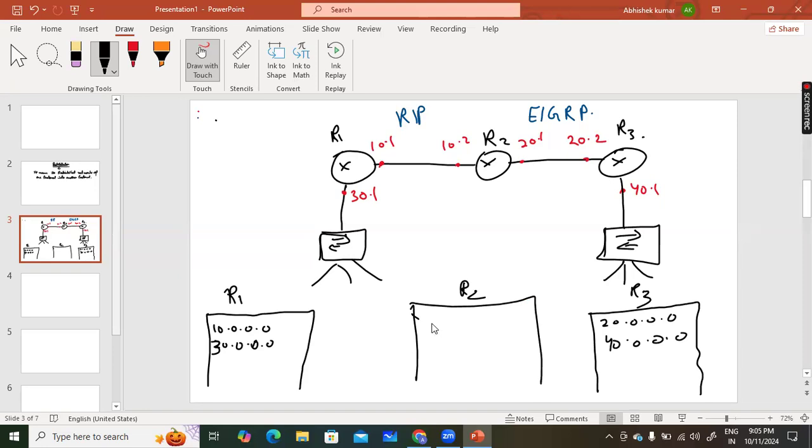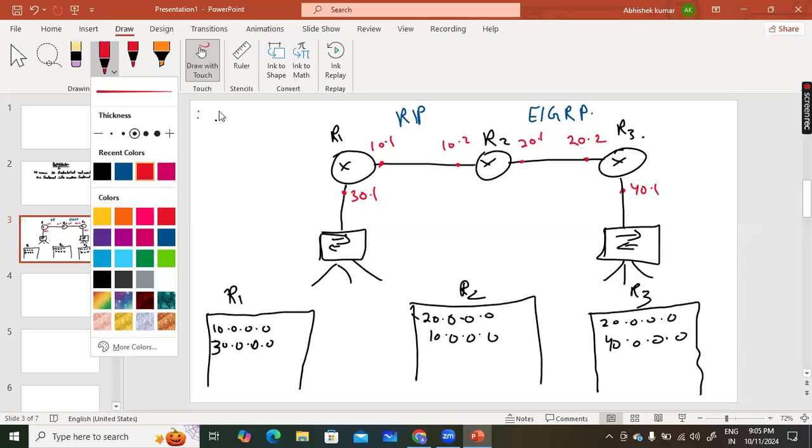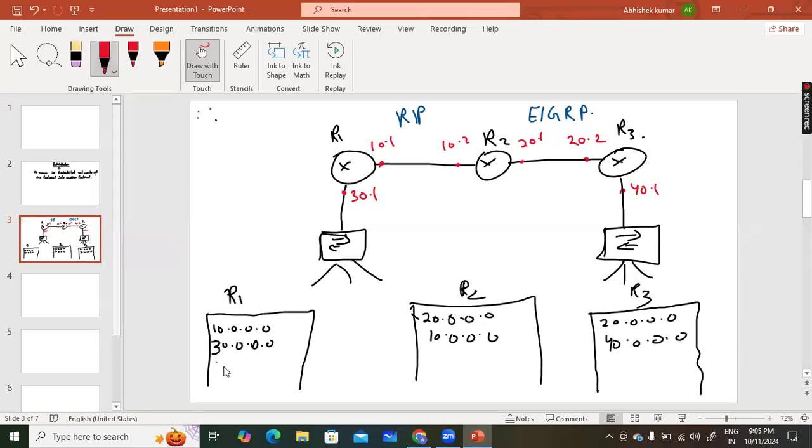Once we enable RIP and EIGRP, R1, R2, and R3 will learn different networks such as 20 and 40.